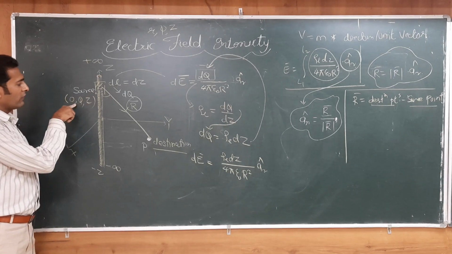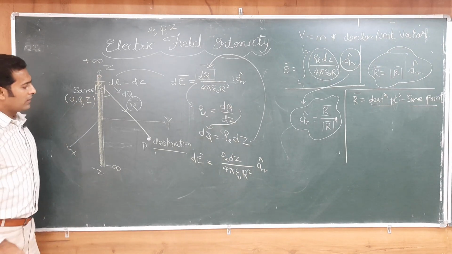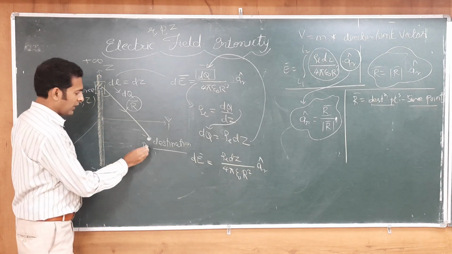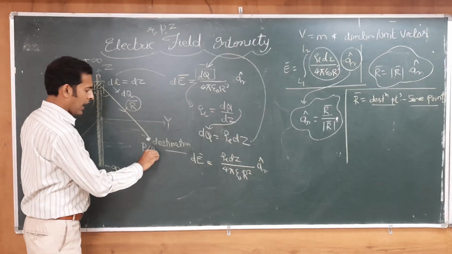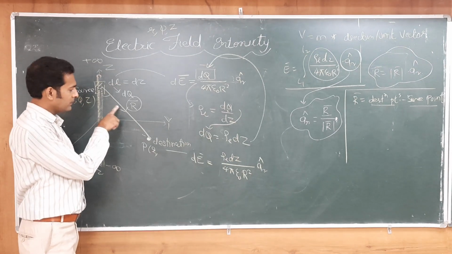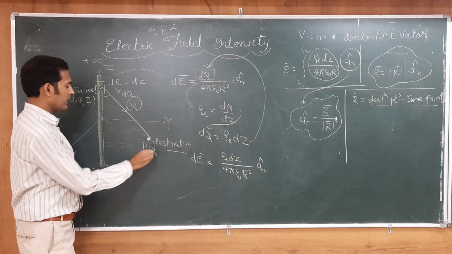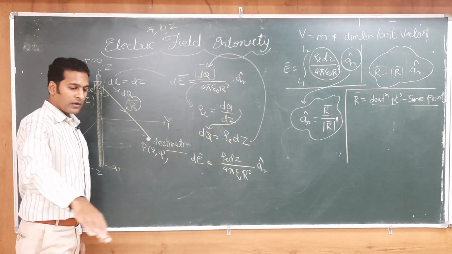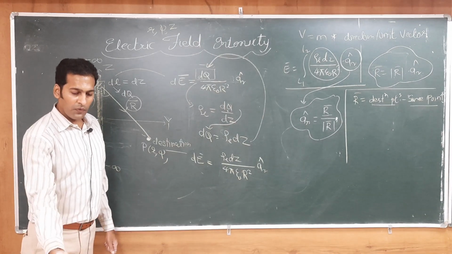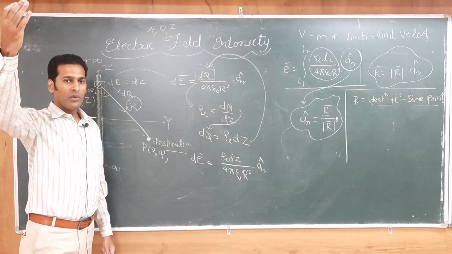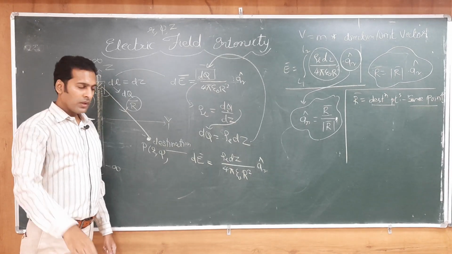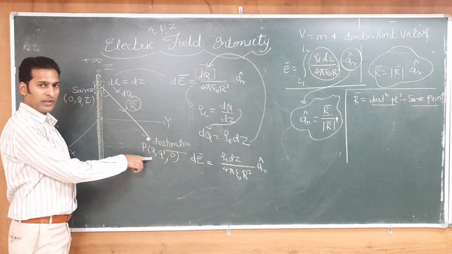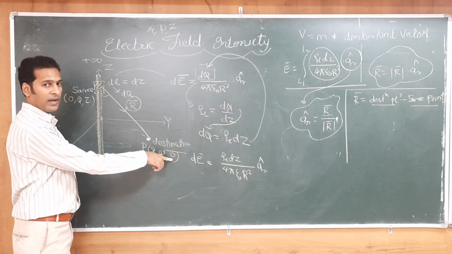So the source point will be 0, phi, z. For the destination points there is a radius, so there will be r, there is angle phi, but there is no height z because we are talking about the floor. From the floor we start the calculation, the place where z is 0. So the destination points are r, phi, 0.